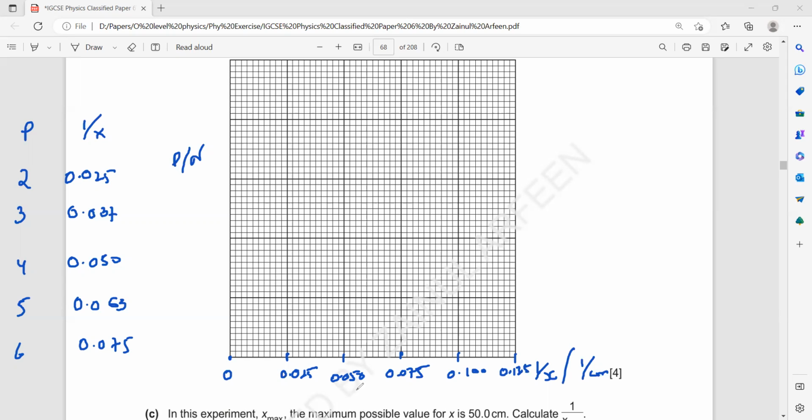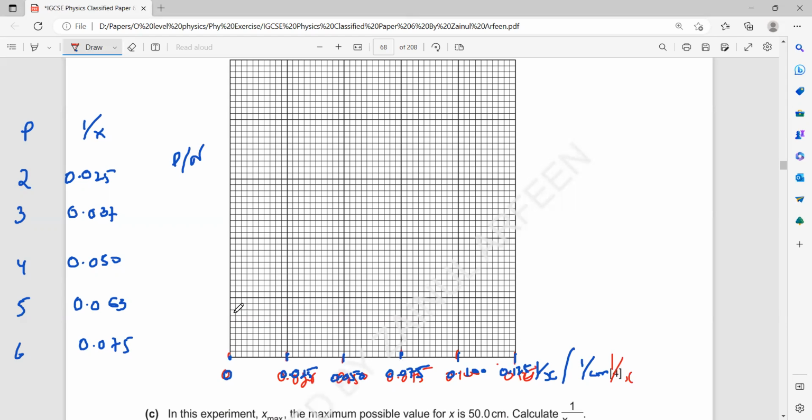So it's like 25, 50, 75, 100, 125. These are the values for 1 over X. So this was 0, 0.025, 0.050, 0.075, 0.100, and 0.125. And the axis is 1 over X.